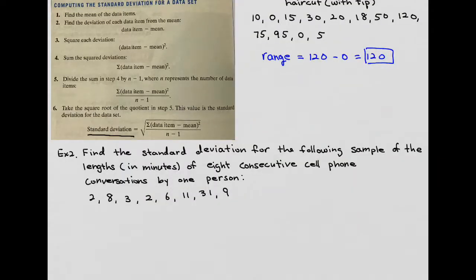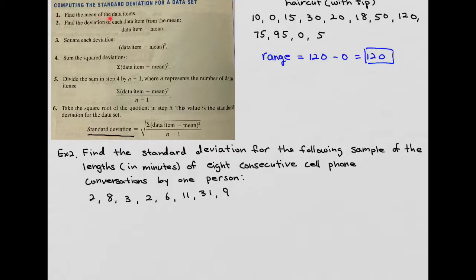In Example 2, we're going to see if we can find the standard deviation for the following sample of the lengths in minutes of 8 consecutive cell phone conversations by one person: 2, 8, 3, 2, 6, 11, 31 minutes, and 9 minutes. To find the standard deviation, we need to go over these steps. First, find the mean.